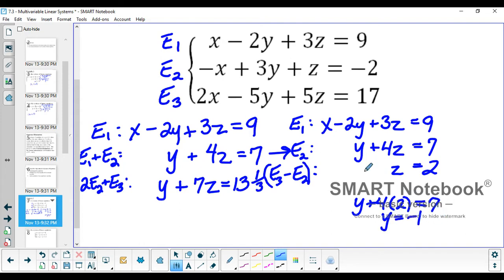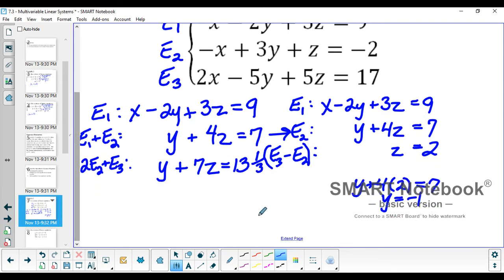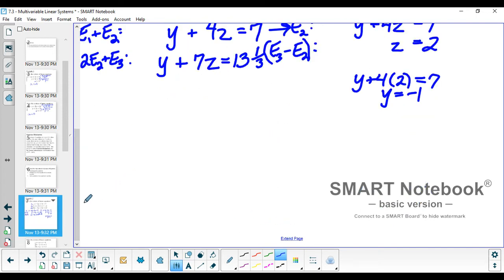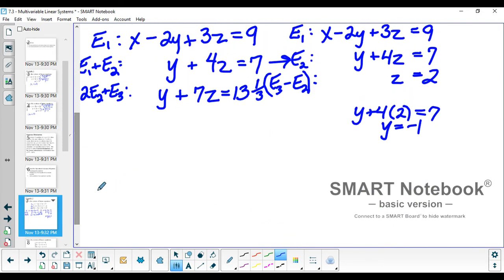Now I can plug y and z into my top equation. I have x minus 2 times y, which is negative 1, plus 3 times z, which is 2, and that equals 9.